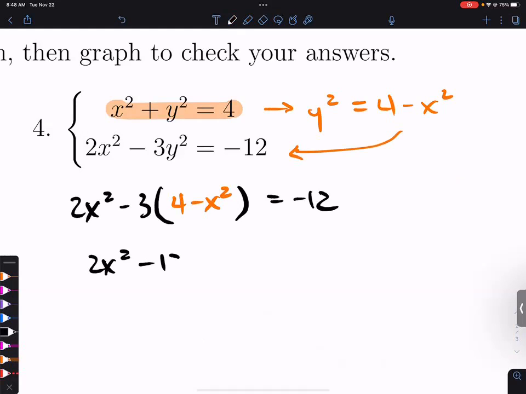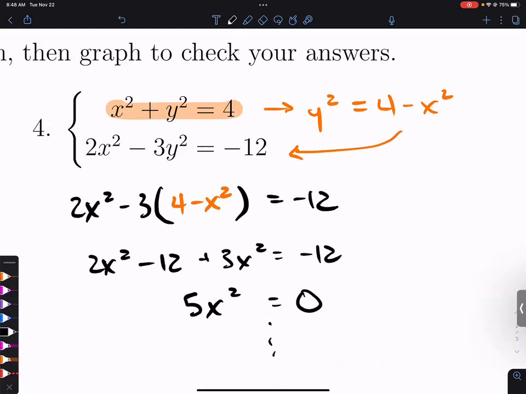So 2x squared minus 12 plus 3x squared. At this point, I'm just solving things, right? I just want to show you what the substitution looks like. Because this has a y squared in it, I don't have to solve for y, I can solve for y squared and use that to substitute, right? You just have to be substituting a thing for the same thing.